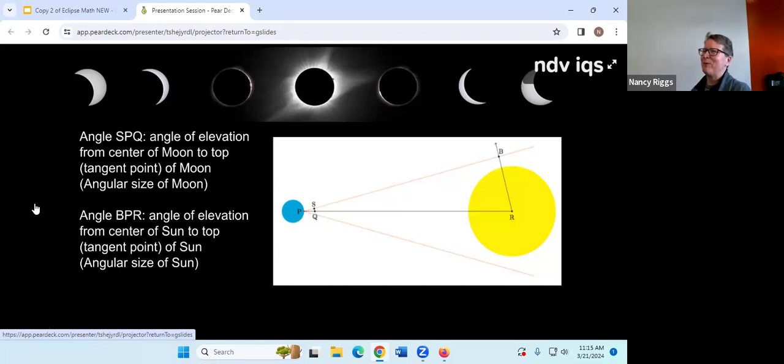I know my math people will definitely be familiar with that term because I'm looking up. And again, that's basically the angle that I am using as I'm standing on Earth to view that distance from the center of the moon to its edge, and similarly for the sun. And we call that the angular size of both the sun and the moon. And again, that's a super important number. We're going to come back to that number a little bit later.